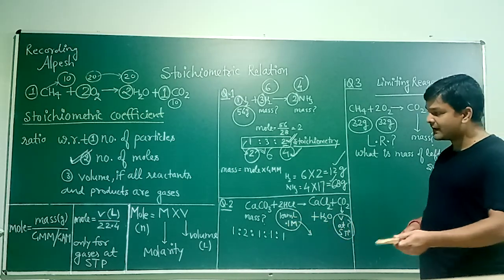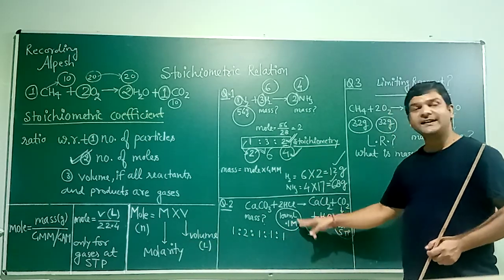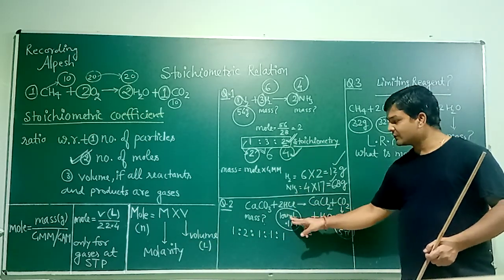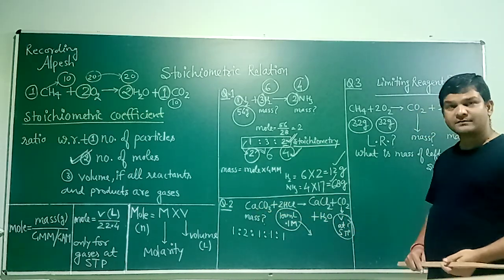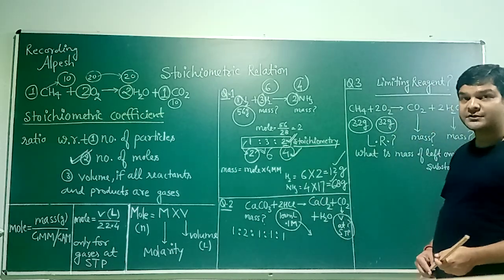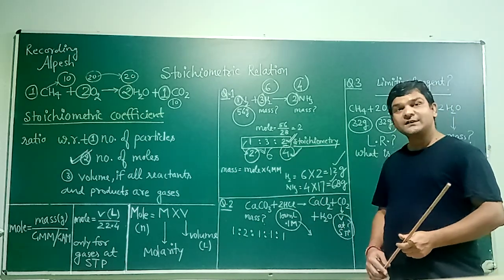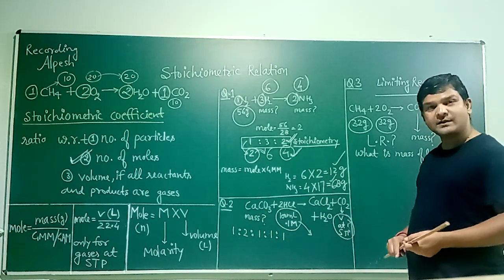I hope you remember capital M means molarity. So 0.1 molarity HCl, 100 milliliter quantity. Once again, the first step, we have written the stoichiometric relationship, the stoichiometric ratio.